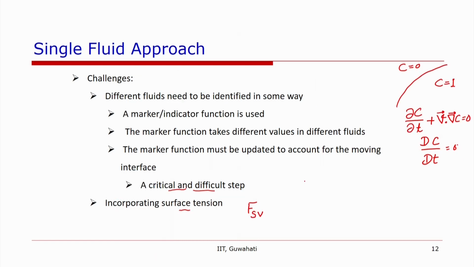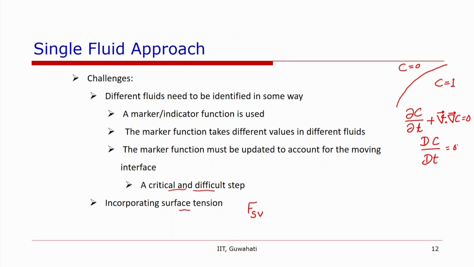So, this is true for a body force. The terms are for the different body forces. Now, surface tension is a surface force which acts only at the interface. It is not exactly a force, it is a jump in the pressure or normal stress at the interface. So, how do we incorporate this in an equation in which all the terms are body forces, or how do we convert this into a body force or a volume force?